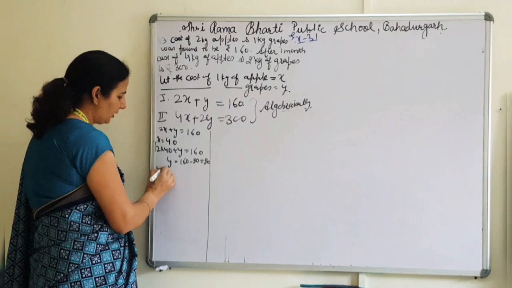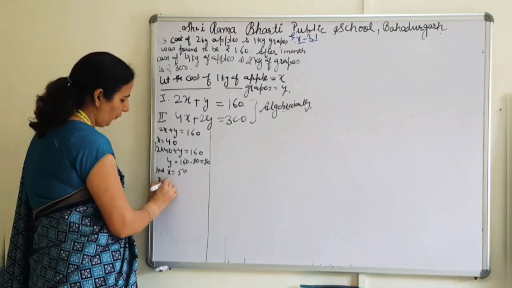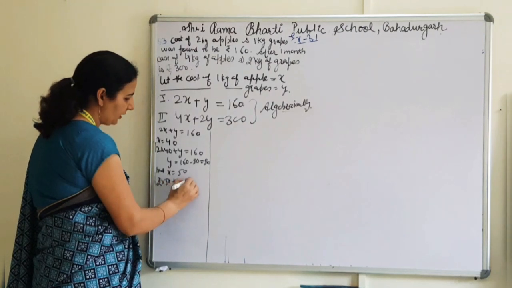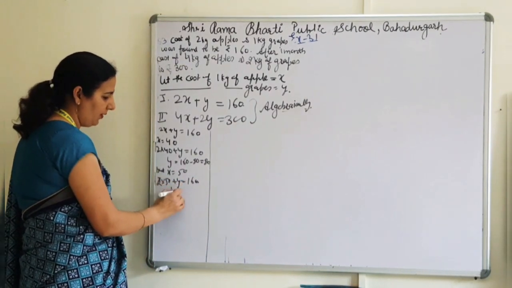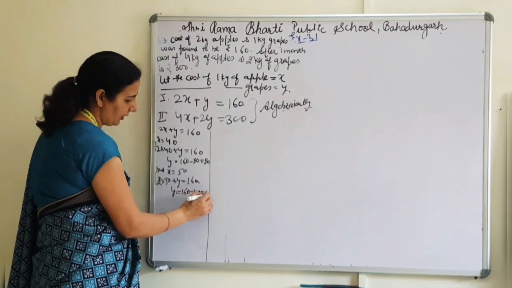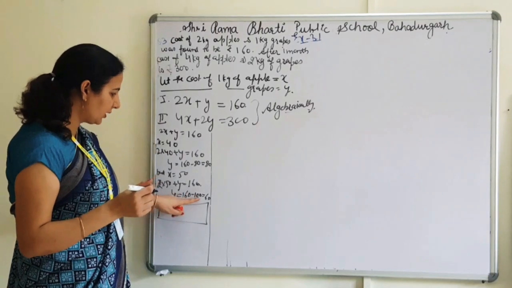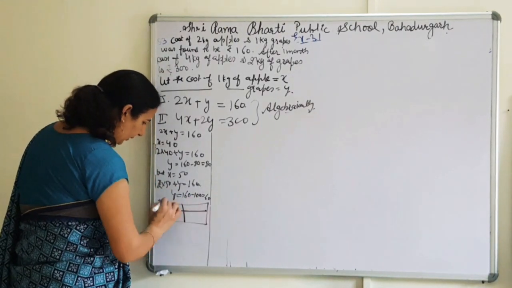Now put x equal to 50. So 2 into 50 plus y is equal to 160. 2 into 50 is 100, so y is equal to 160 minus 100, that is 60. So this is the graphical representation.